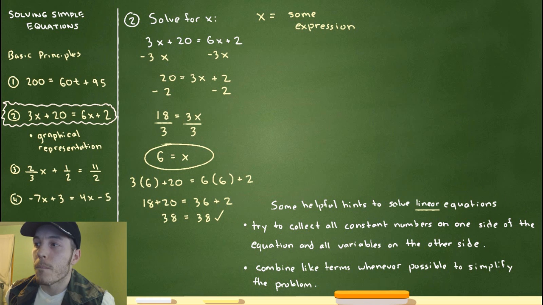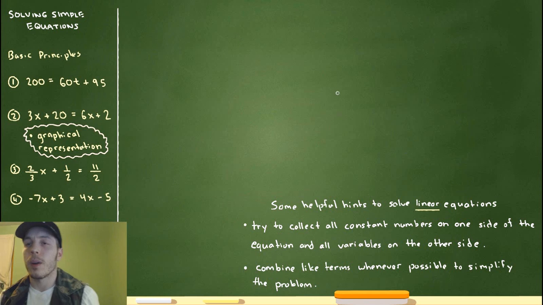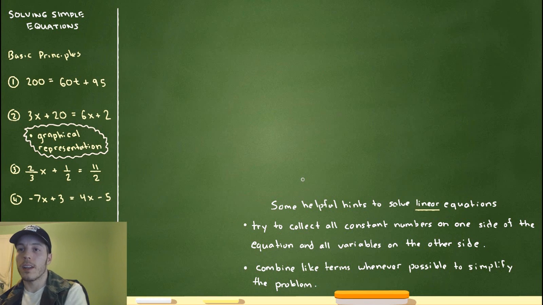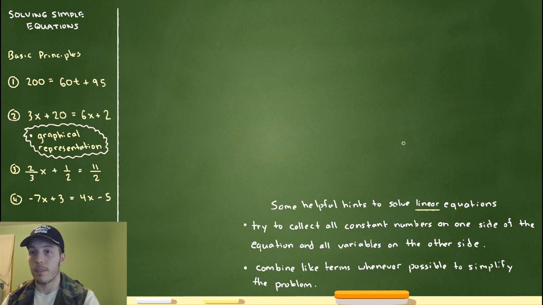Now, we want to take a look at a graphical representation of what we're doing here, just to have a further understanding of equation solving. We could relate this to lines on the graph.